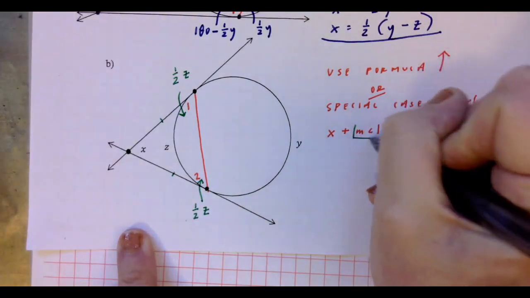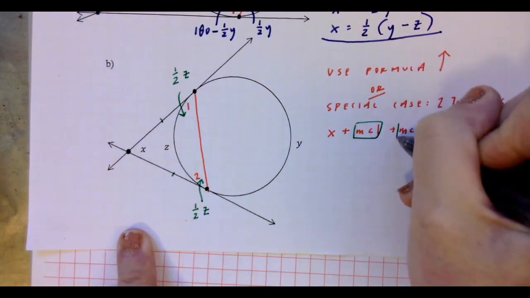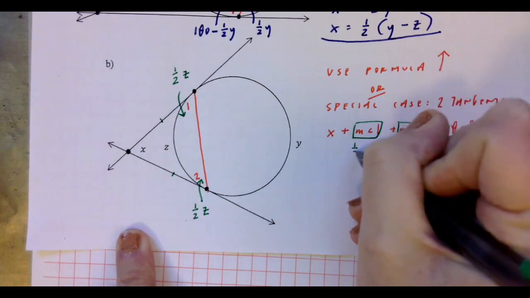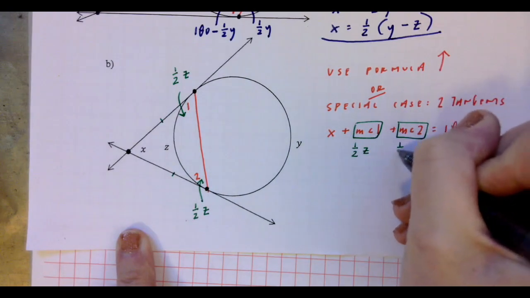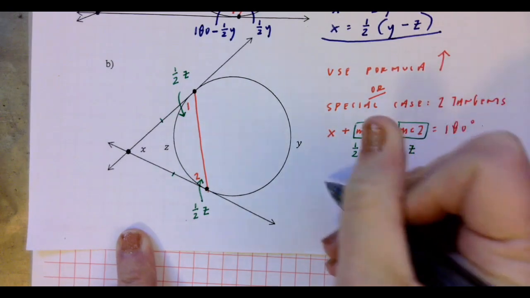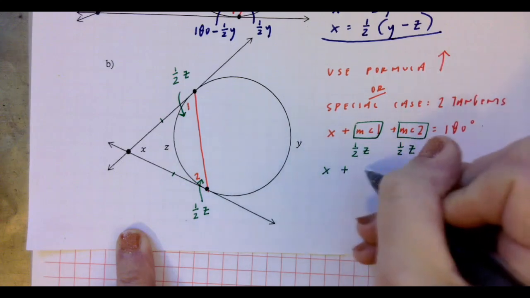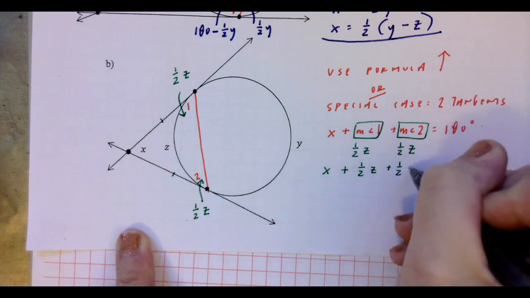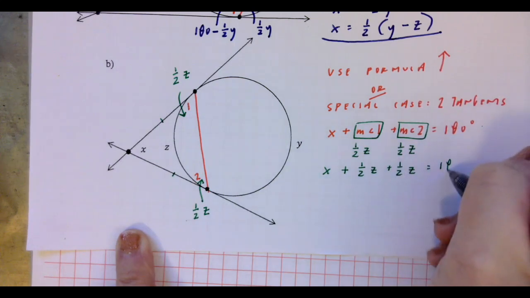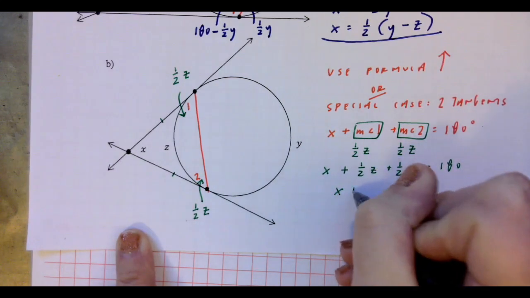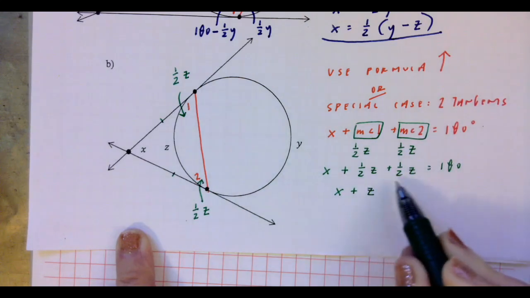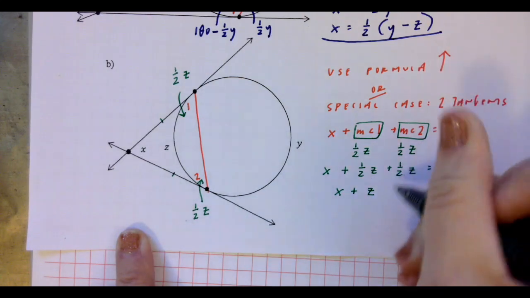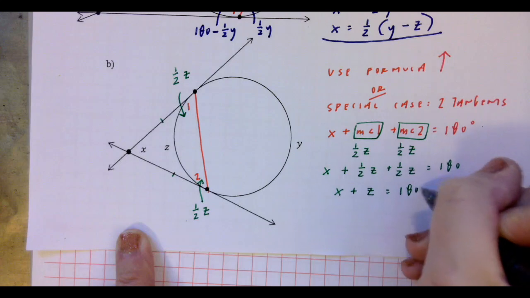So now if I plug in for the measure of 1 and the measure of 2, here's half of z, the other half of z. So now if I clean it up, I have x plus half of z plus half of z equals 180. x plus z, right, because half and half, if I add those, that makes 1, equals 180.